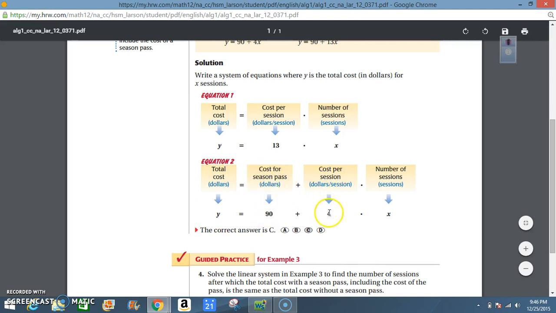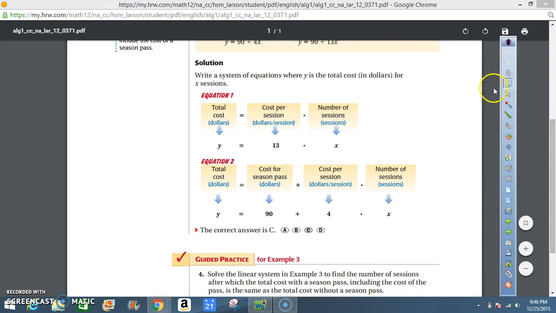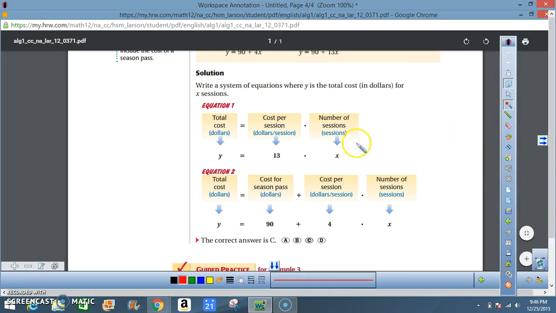Cost per session, 4. Number of sessions, x. So in other words, you will have two equations: y is equal to 13 times x, and y is equal to 4x plus 90.